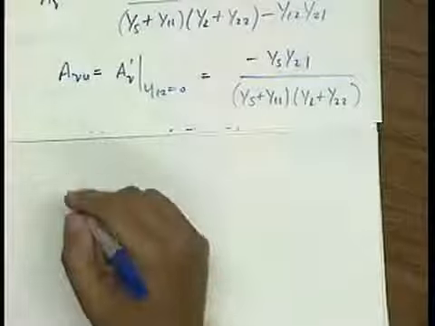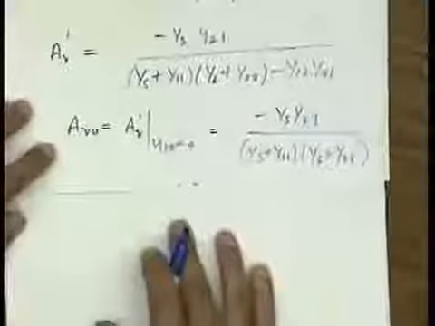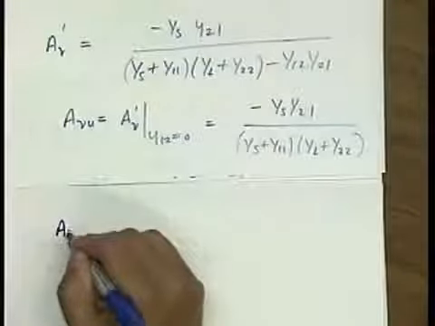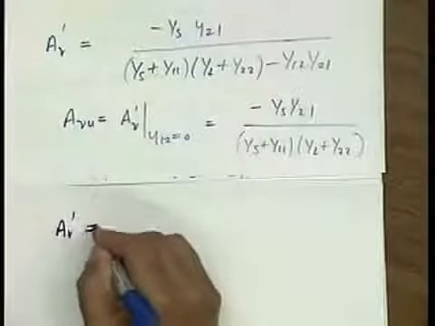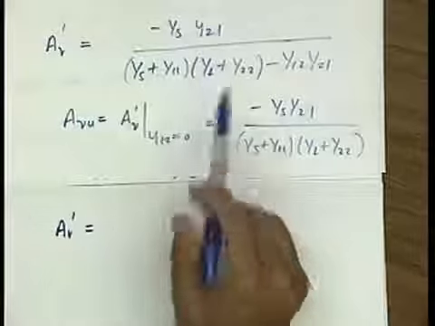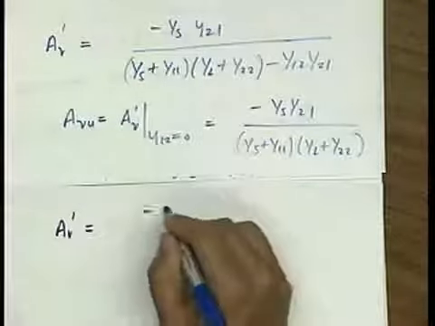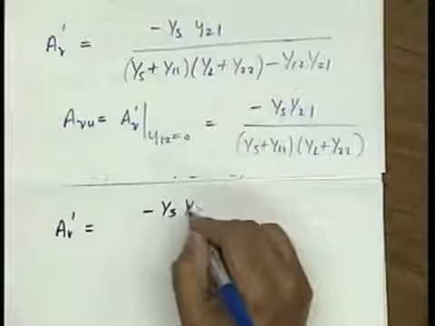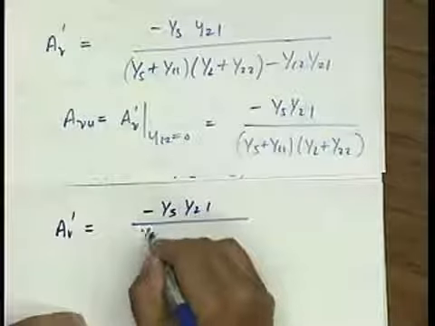Now, if we go back to the expression for AV prime, let me divide this expression by this term. Easier done than said.